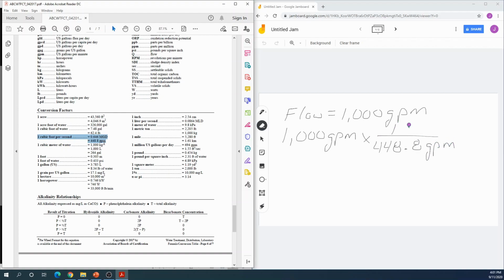Again, we're just tracking units. Gallons per minute is going to cancel gallons per minute. That leaves us with 2.23 cubic feet per second.